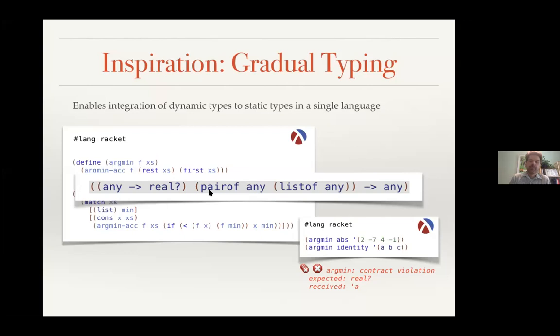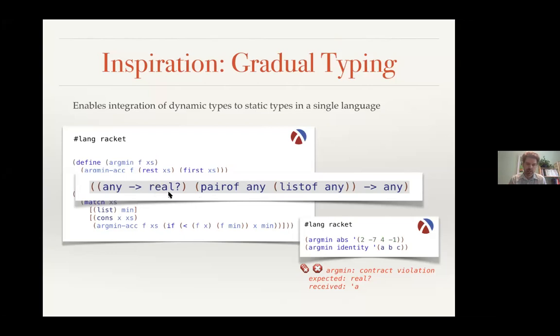That's going to regulate the flow of values from one module to the other. Every time a value flows across from one module into the other, the parts of the specification that are relevant will be checked against it at run time.